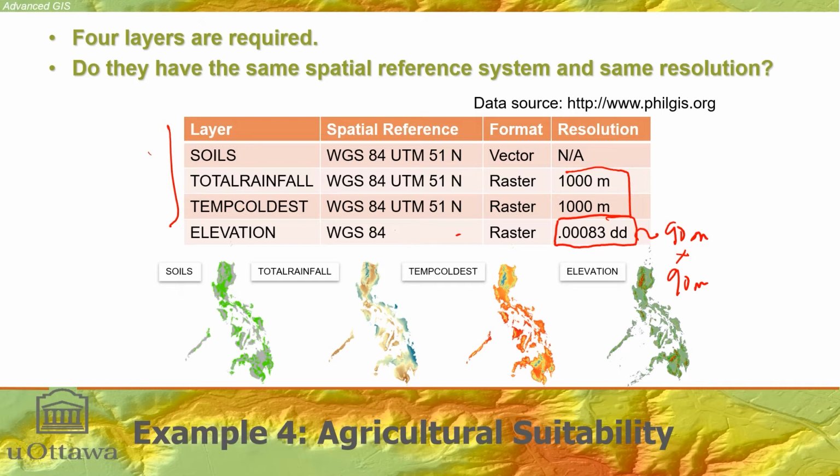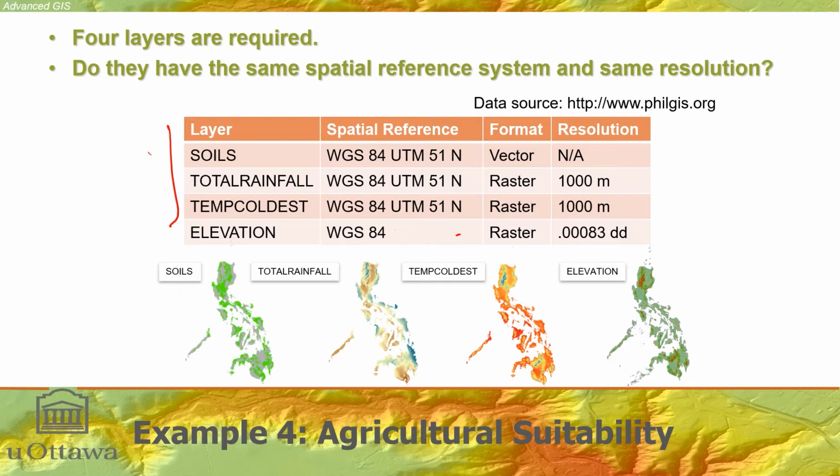But as you go north, you get further from the equator. And so that's no longer 90 by 90. It would be 90 in height at the equator. As we go north of the equator, it could end up being 90 in height, but as little as 80 in width. So it's approximately 90 by 90, which is the best approximation we can get because it's variable from north to south, even though it's a constant 3 arc second cell.